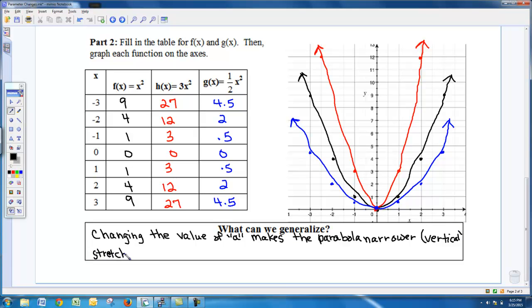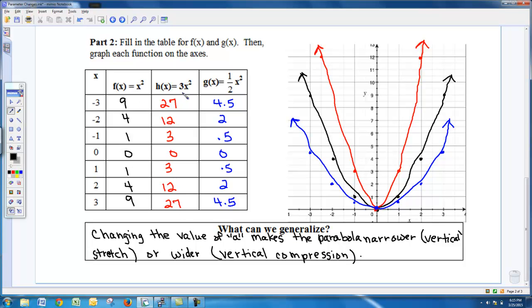So it can make it narrower or wider. When it's wider, we call it a vertical compression. It's squished down. Okay, so when does it get narrower?